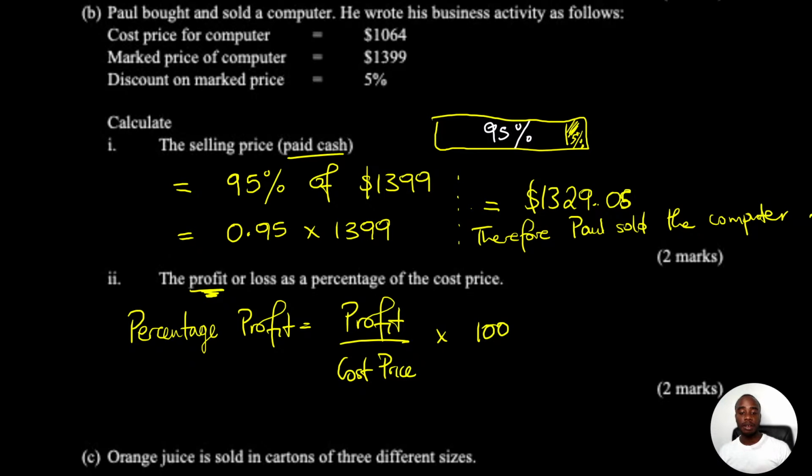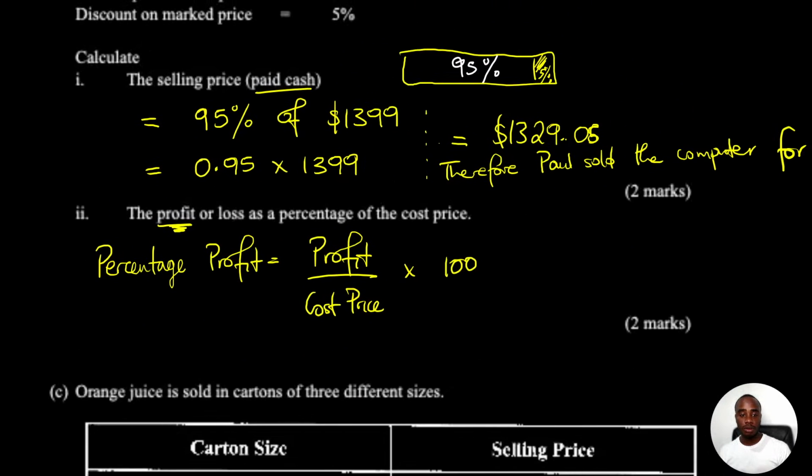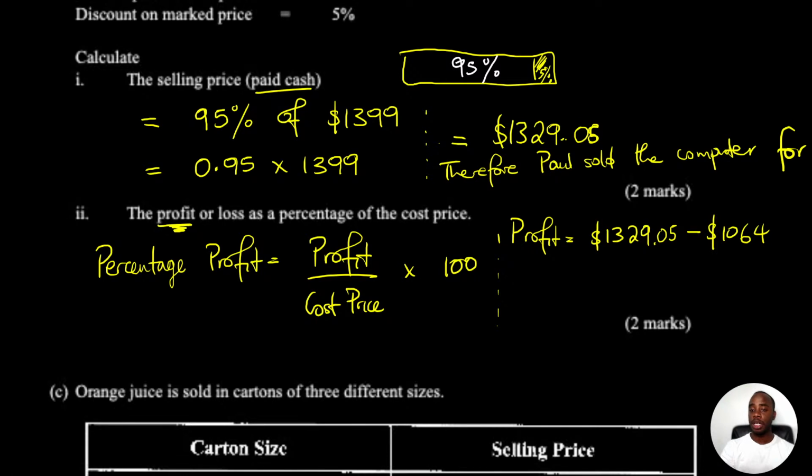So we need to find the profit. I didn't leave a lot of space here for these ones. So first, what's the profit? The profit would be equal to what he sold it for, $1,329.05, minus what he bought it for, $1,064.